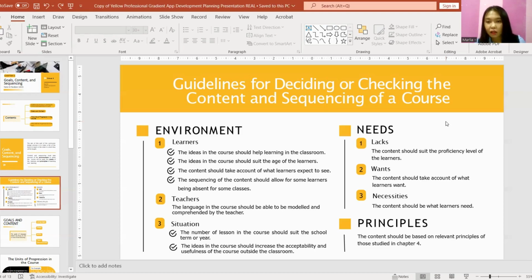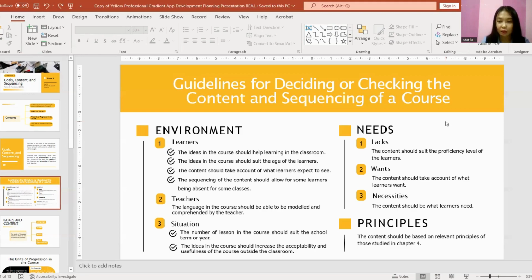And the second, the content should take account of what learners want. The third is necessities. The content should be what learners need.